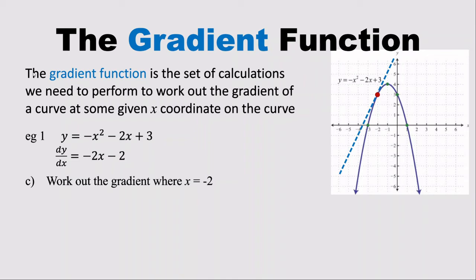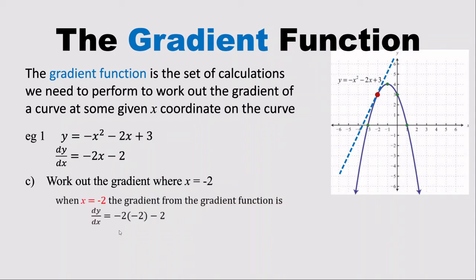But to be absolutely clear about what this gradient is, let's substitute negative 2 into the gradient function, and I end up with negative 2 times negative 2 minus 2. Working that through, we end up with 4 minus 2, which is 2. Notice that the tangent seems to have that gradient of 2. If I run across 1, I need to rise up 2. Rise over run, 2 over 1 is 2.